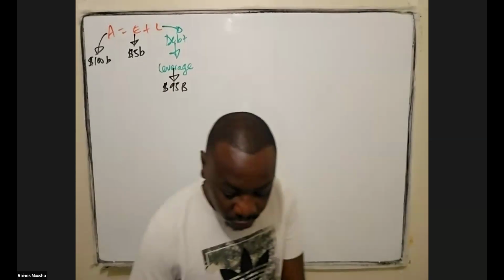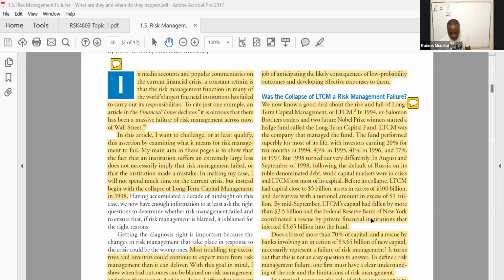Because remember, when you look at how much they were invested in derivatives, we are being told that the company had an amount in excess of 1 trillion in what? Derivatives. So what do we know about derivatives?